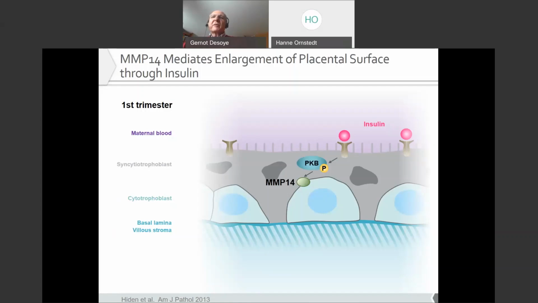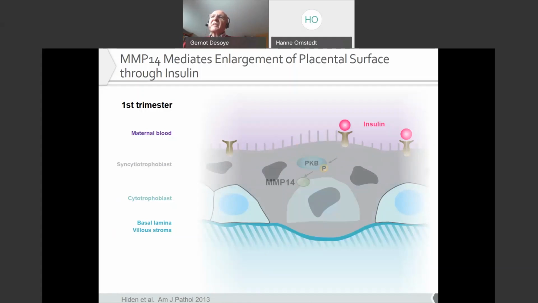So this could then represent an indirect mechanism by which maternal insulin, through activating MMP14 on the surface of the cytotrophoblast, leads to a dissolution of the membrane of the cytotrophoblast and fusion of the content of the cytotrophoblast with a syncytial trophoblast, and ultimately resulting in an enlarged placental surface.